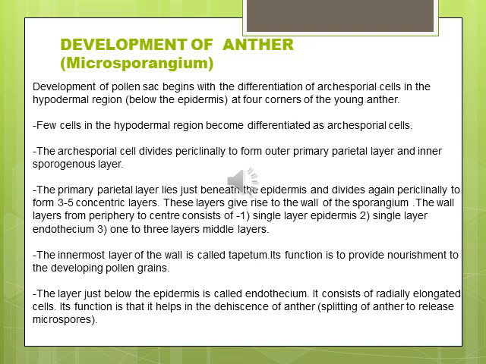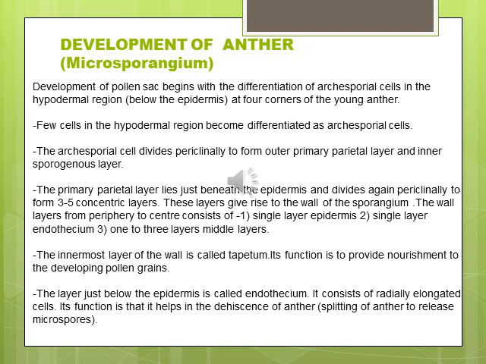As a result of parallel division or periclinal division, the number of layers will increase, and the outer layer is known as the primary parietal cell layer and the inner is known as the sporogenous layer.